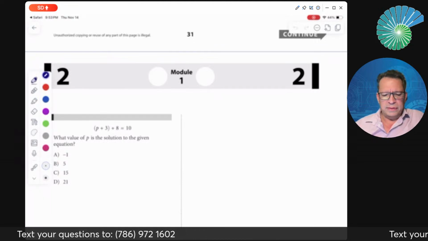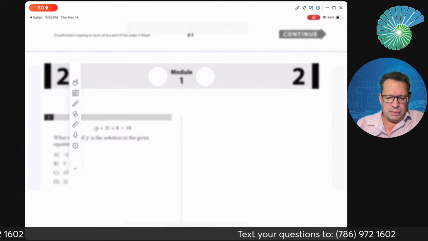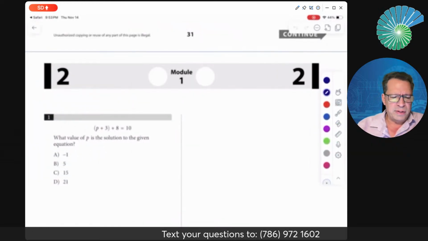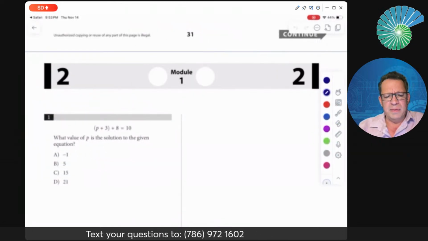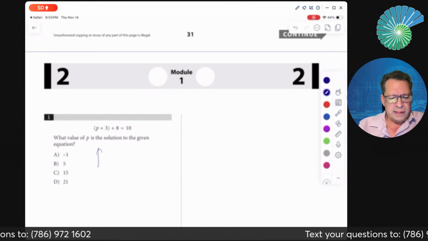Problem number one. Let me move this. A very elementary equation where we first collect like terms.